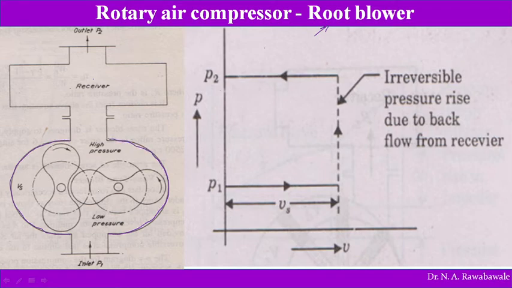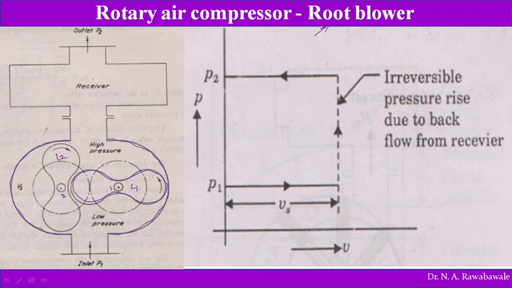Now it has got two lobes. So this is lobe number 1, L1, and this is lobe number 2. Lobe number 1 is hinged at point 1 and lobe number 2 is hinged at point 2.